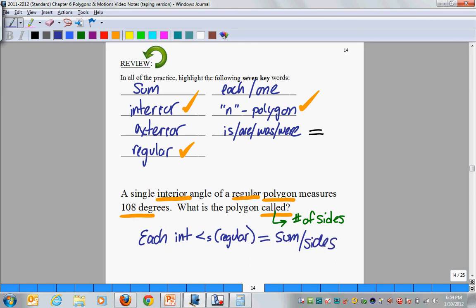In this case, we don't know the sum, we just know that a single angle is 108 degrees. We don't know n, so the sum is n minus 2 times 180, but we do know each angle measures 108 degrees. So what we're doing here is solving for n.